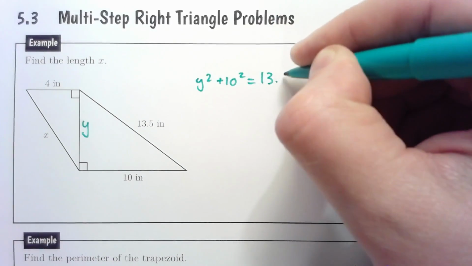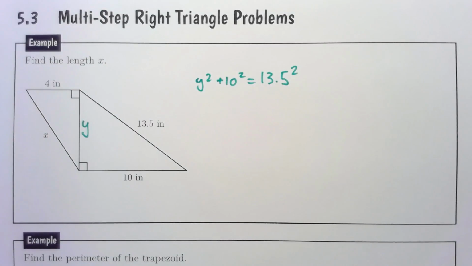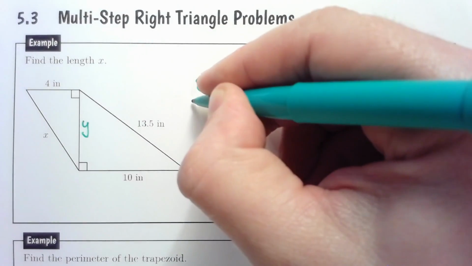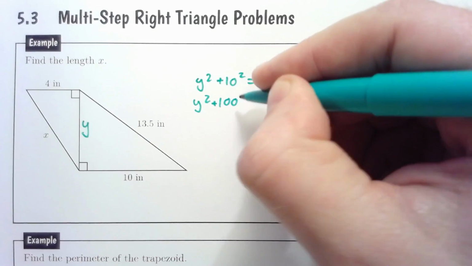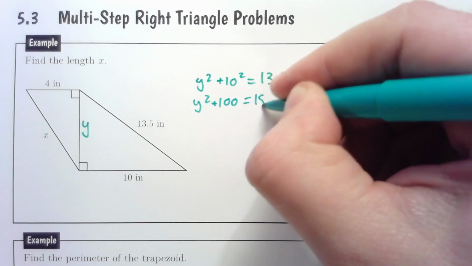So that will be 13.5 squared. So we can evaluate these two squares. So y squared plus 100 is equal to 182.25.